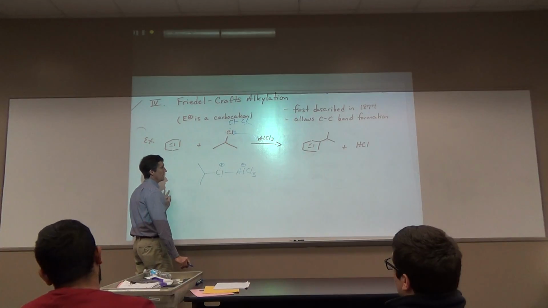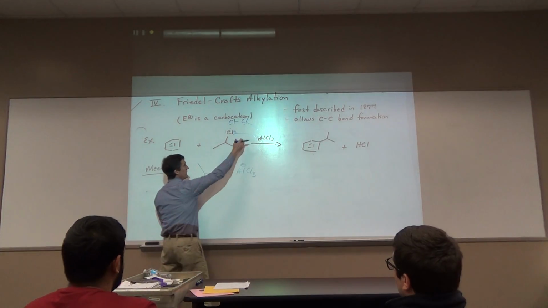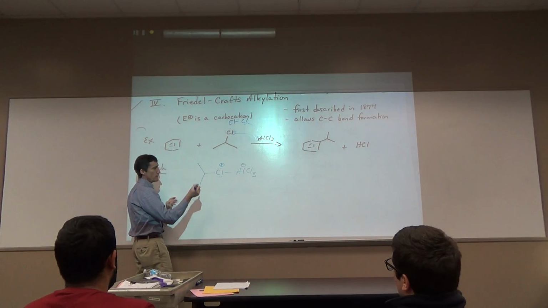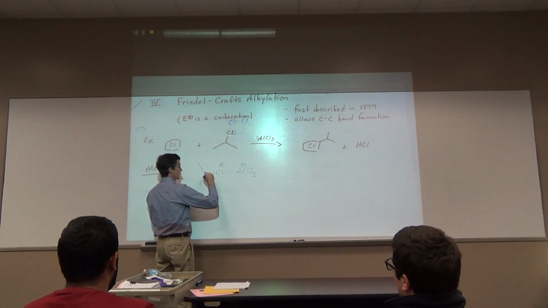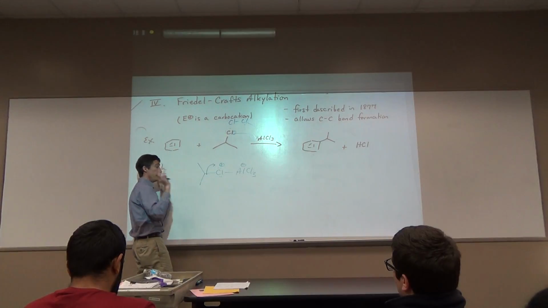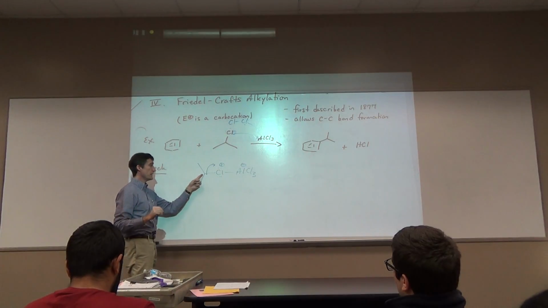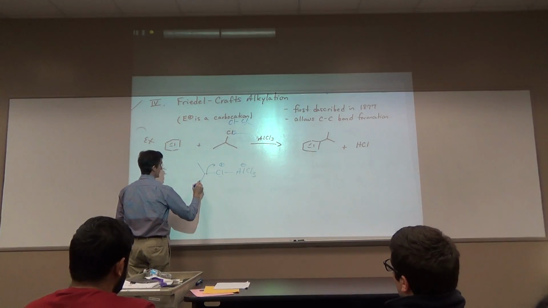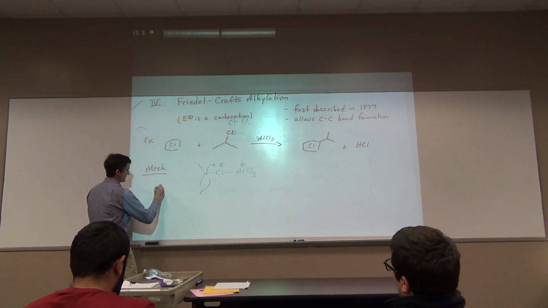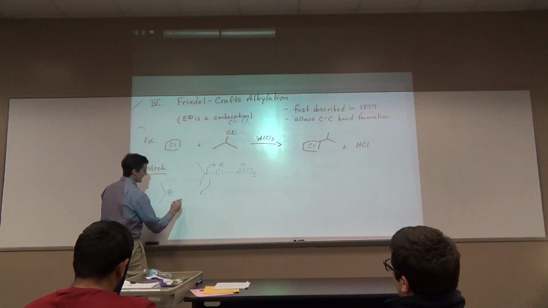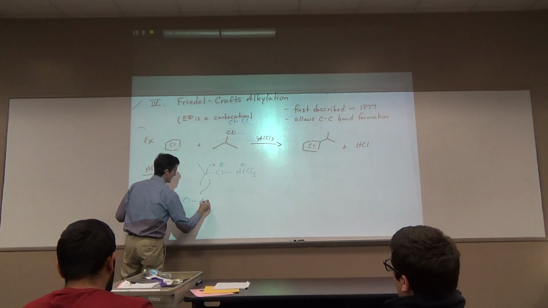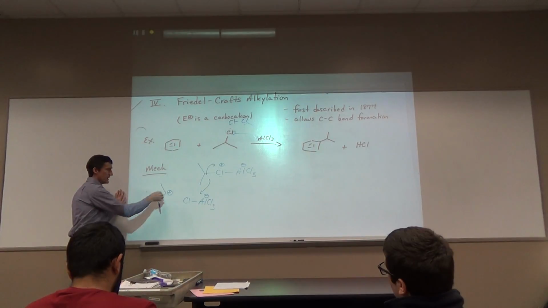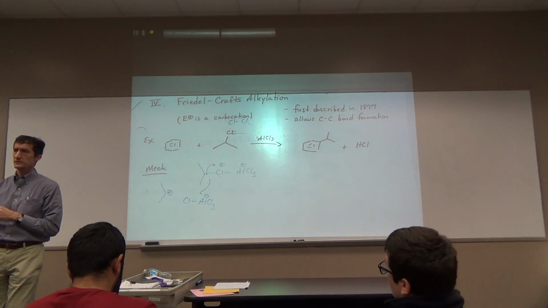Now, when the chlorine complexes, we then attack the chlorine and kick that one off. Here, we're actually going to make a carbocation. This is going to leave. This chlorine's like, hey, I don't like being plus. Carbon, I'm sorry, I'm taking the electrons. And when it takes the electrons, what do we get? We get our carbocation plus that anion. This is how we get to our carbocation, complexing, okay?